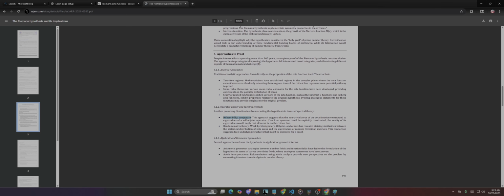Yes, this is interesting. The thing is, I don't know much about quantum mechanics, so I need to do research on quantum mechanics to get a better understanding of this and to be able to wrap my head around Riemann, the zeta function.